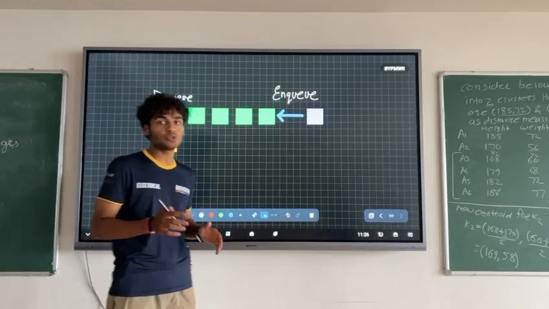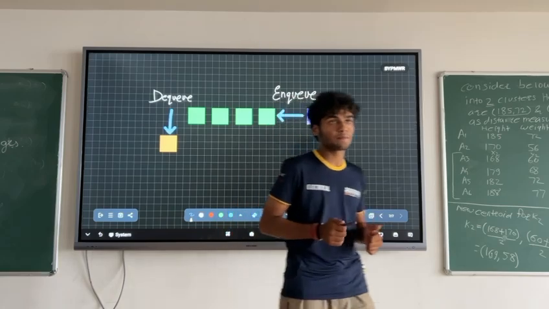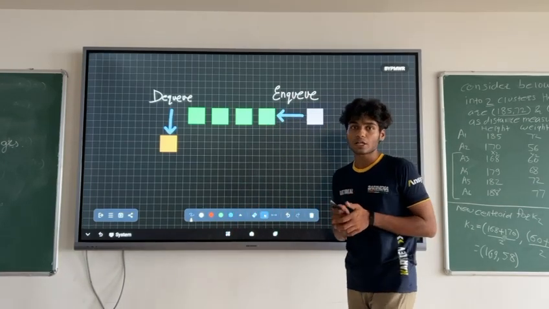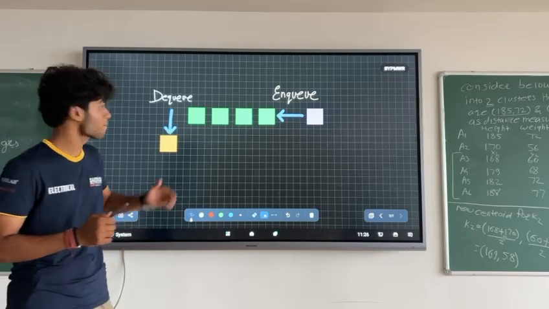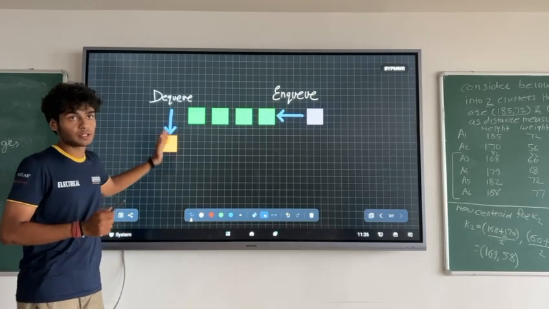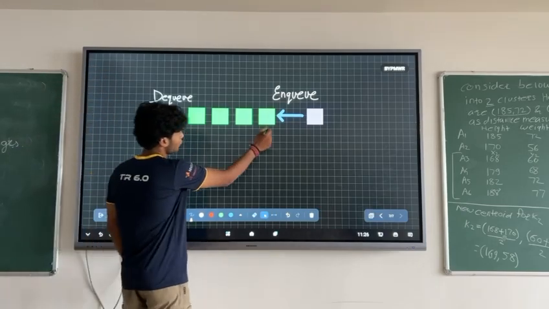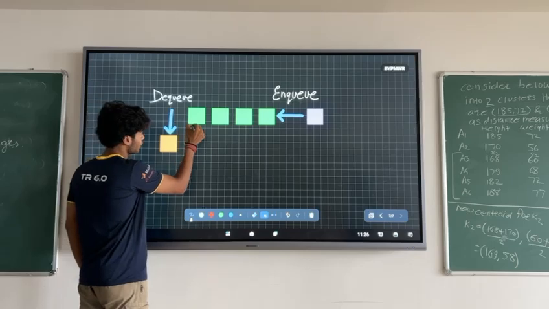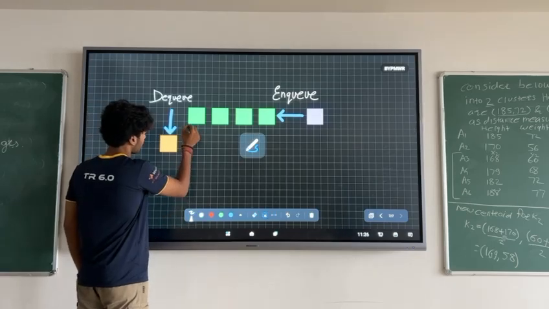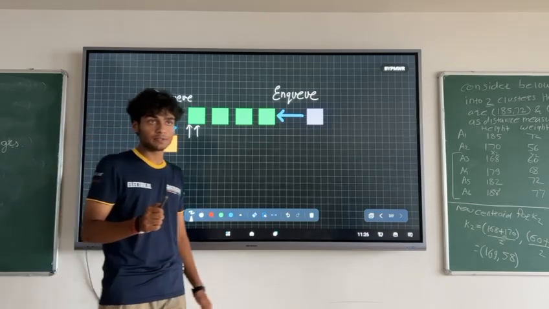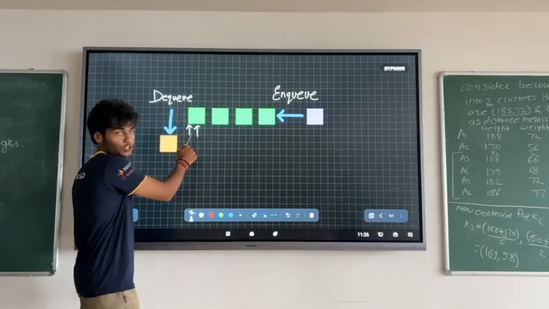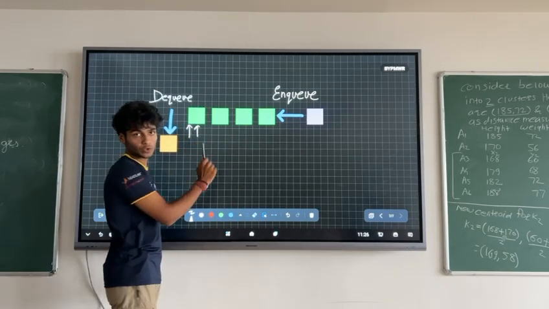To implement a queue using stack, we need 2 pointers, end of the queue and start of the queue. At first, both the pointers are coinciding at the 0th element. So let's take an example of these 4 elements. At first, both the pointers are here. When we insert an element, the end of the queue pointer moves forward.